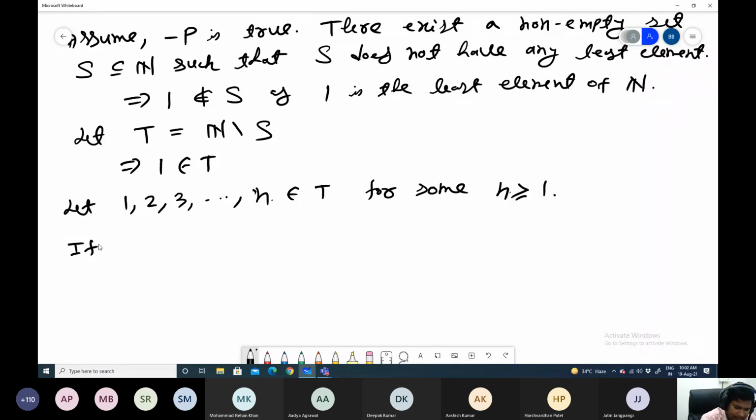Now if that N should be in T. If T does not contain N plus 1, what does it mean?